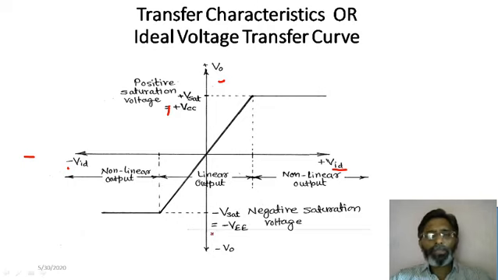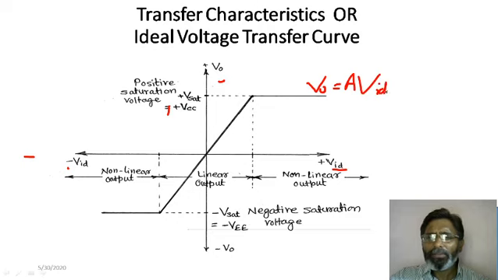Now, as we have just seen, VO is equal to A into VID. So obviously if VID is positive, your VO is also going to be positive. And when your VID is 0, your VO will be 0. So this curve will always begin at the origin.